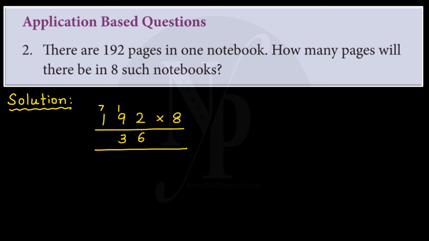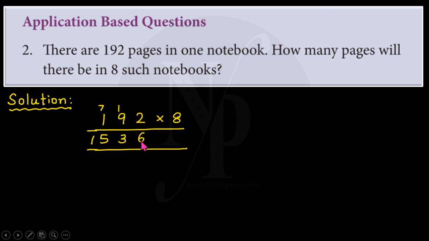Now we multiply 1 by 8. So 8 ones are 8. 8 plus 7 is 15, which is 1500s. So we write 15 here. 1 will be in thousands place and 5 is in hundreds place. Therefore 1536 is the product of 192 and 8.